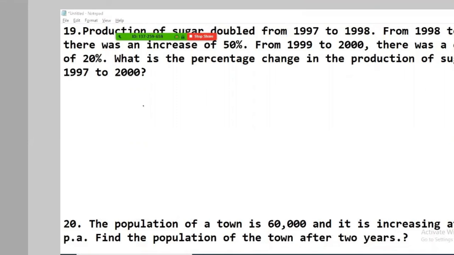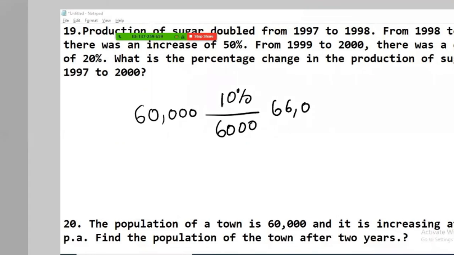At present, 60,000. The population of the town increases 10% every year. What is 10% of 60,000? 6,000. So after 1 year, it's going to be 66,000. And again on 66,000 there is a 10%.